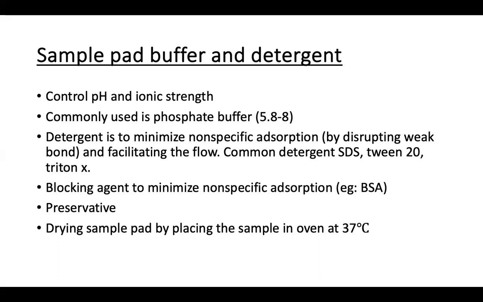So you need to have detergent. Sometimes you use surfactant to repel all this, which at least helps with anti-fouling. You can also use a blocking agent to minimize non-specific adsorption, for example, BSA.